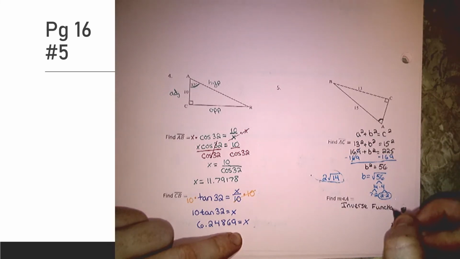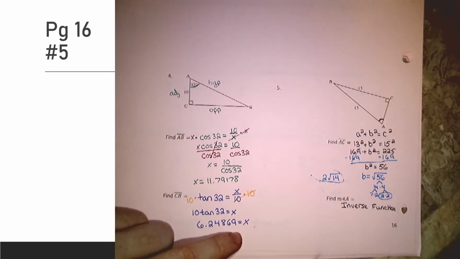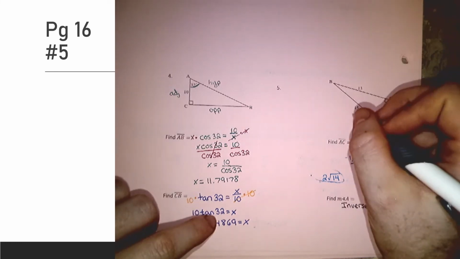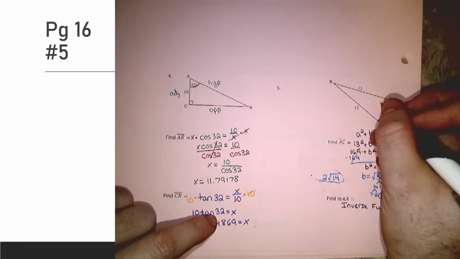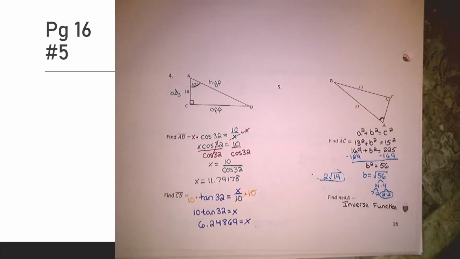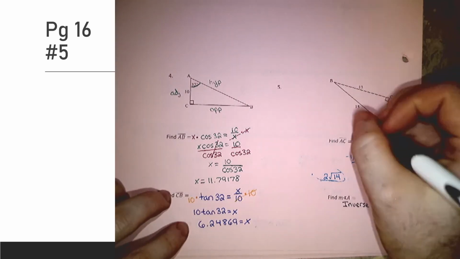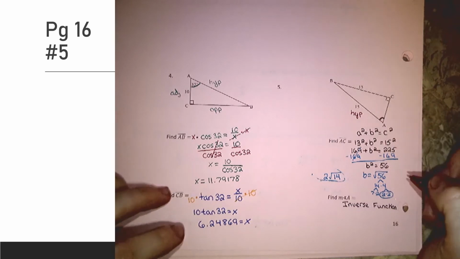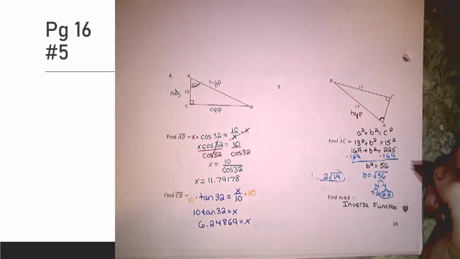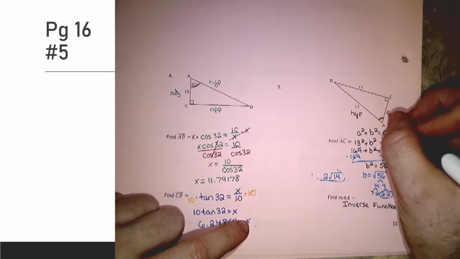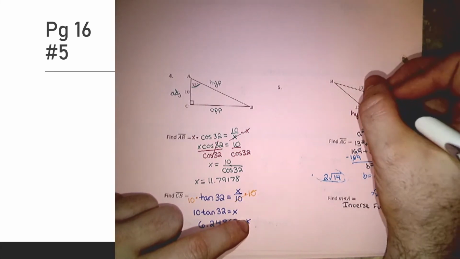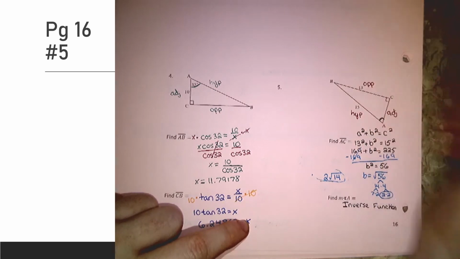Now, with an inverse function, you still have to label each of the sides like you did on the problem before. So we have our hypotenuse is across from the right angle. So this would be my hypotenuse. Now the adjacent side is going to be the one that's touching that angle, but not the hypotenuse. So this side's the adjacent. And then across is the opposite.